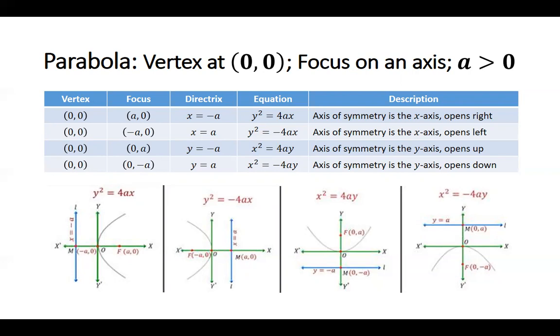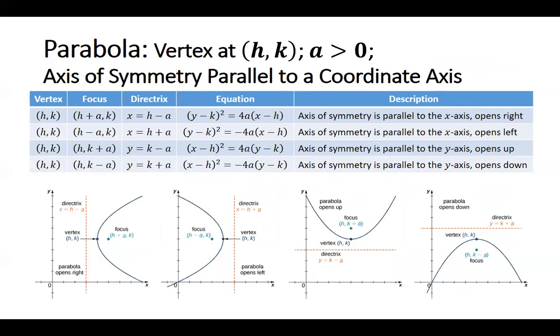Now what we're going to do is move on to, well, what if the vertex is not at the origin? And it doesn't change things a lot. It just means that now we have to adjust for that shift in the vertex. So now we're going to say the vertex is at the point (h, k). So h representing the x value, k representing the y value. A still has to be greater than 0.